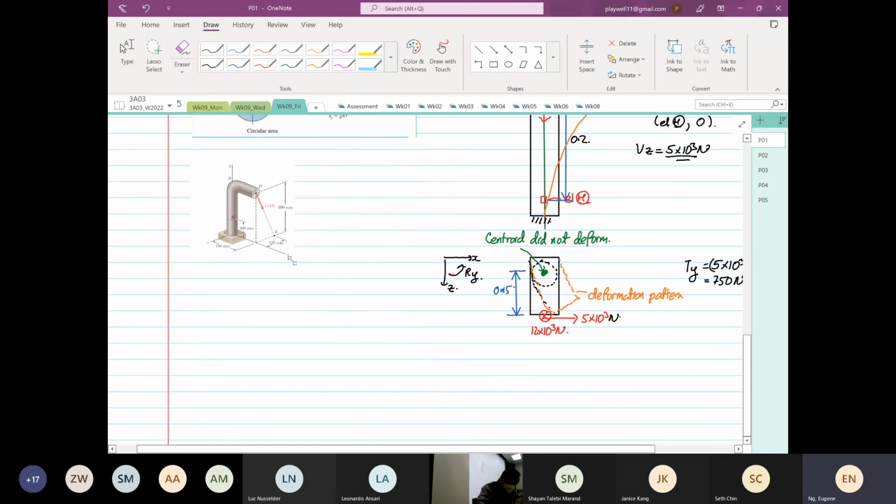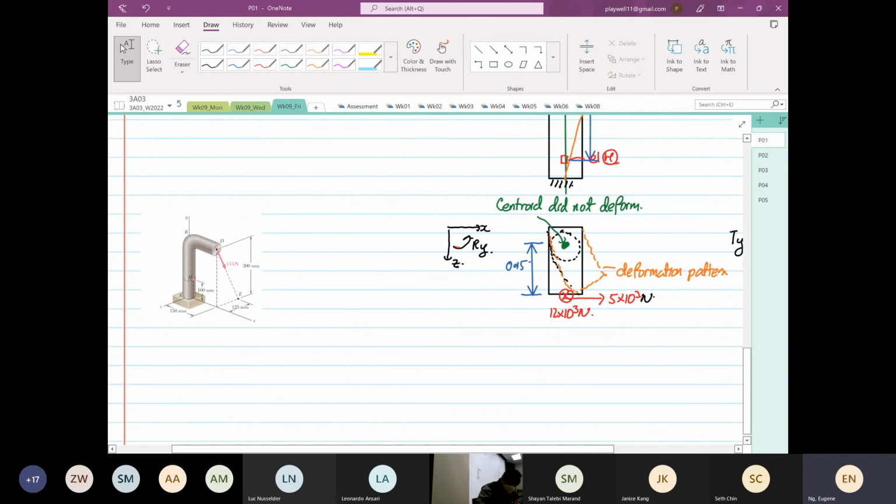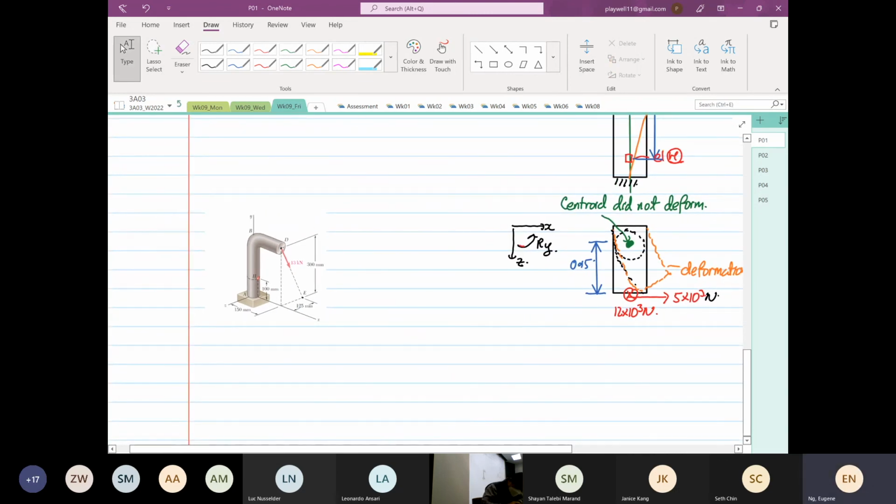Let's have this image over here. So what you see now, we are going to calculate the stress in the y direction at element H.